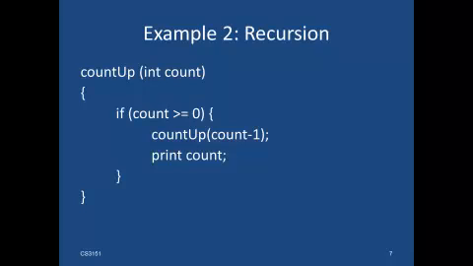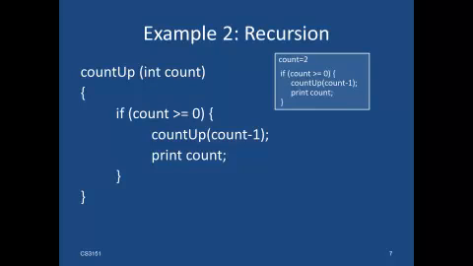Do not get confused about the value of the parameter count. Each method keeps track of its individual value of the parameters and, if there are any, of local variables. Whenever a method is called, imagine that the method creates a new copy of the method with all its parameter and variable values. So the first time we call count_up, we keep track of the specific information for this method call.